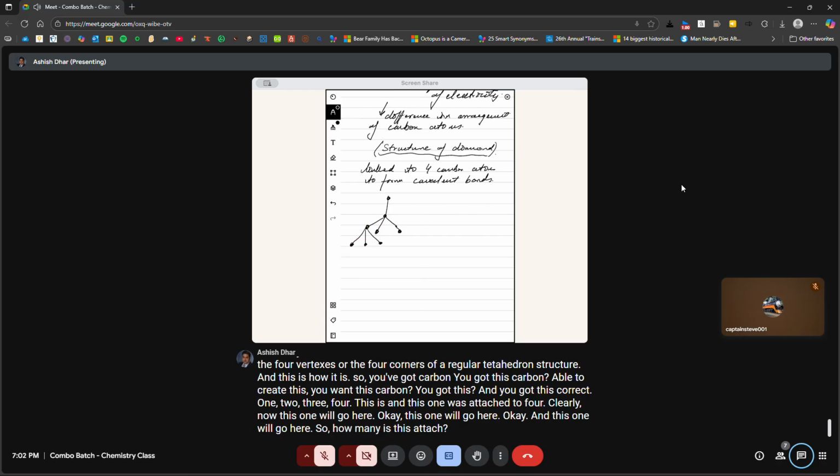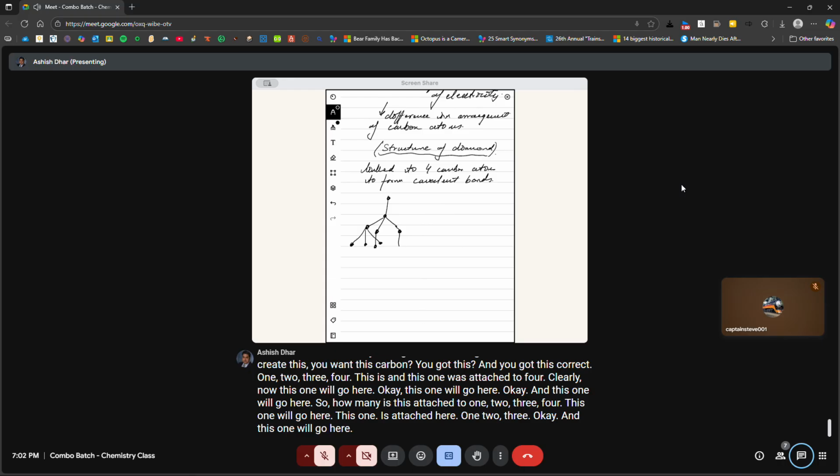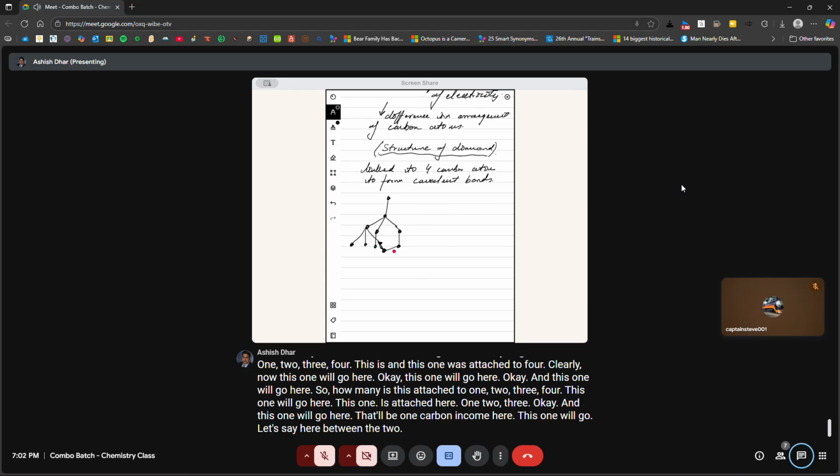So how many is this attached to? One, two, three, four. This one will go here. This one is attached here. One, two, three. Okay. And this one will go here. There will be one carbon atom here. This one will go, let's say, here between the two. This one here, this one here. And then they repeat like that.